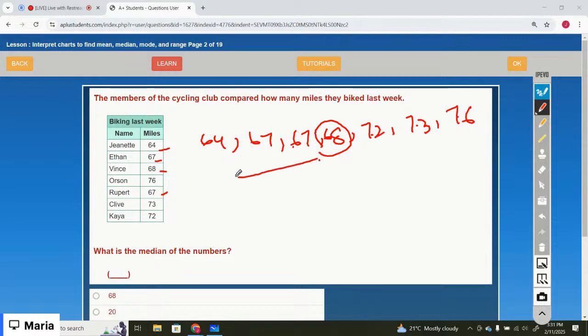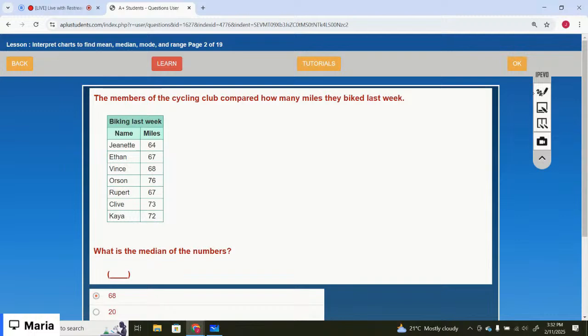All the numbers before the median are smaller, and all the numbers after are greater than the median. The correct option is 68. The median is 68.